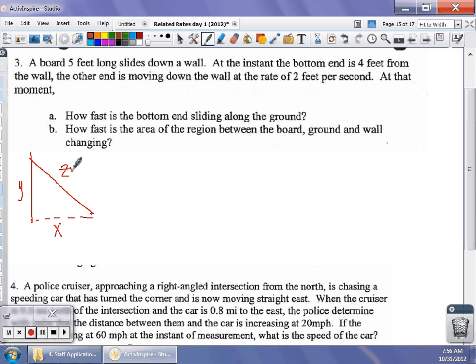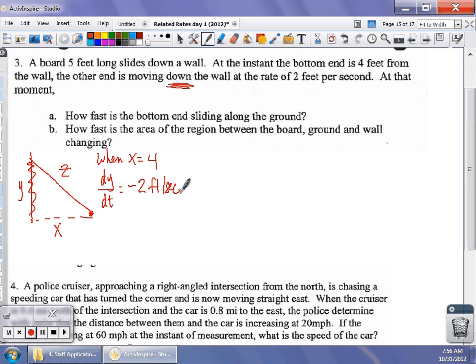At the instant the bottom is 4 feet from the wall, so the bottom of the ladder is down here, so when x equals 4, the other end is moving down the wall. That's important. The other end is moving where? Down the wall, so that tells me negative. So when x is equal to 4, dy/dt is equal to negative 2 feet per second at that moment.